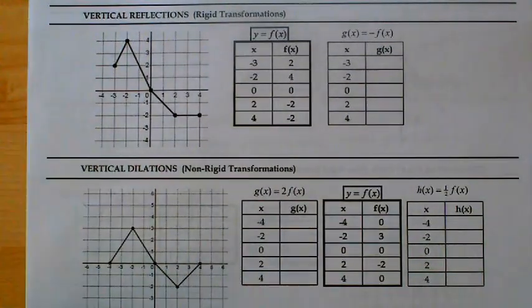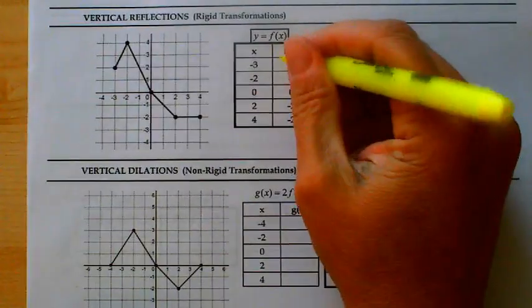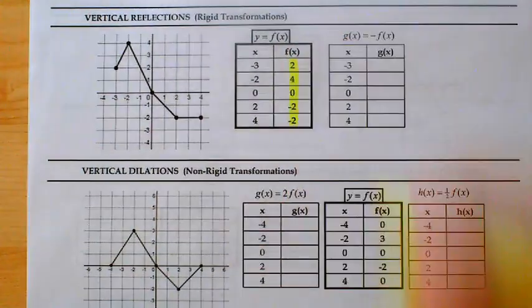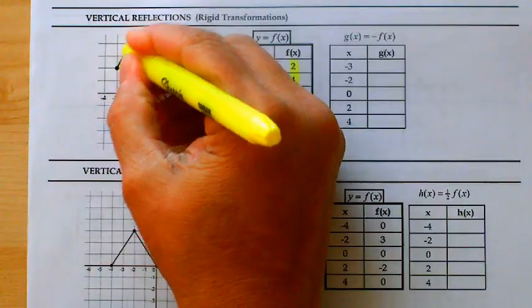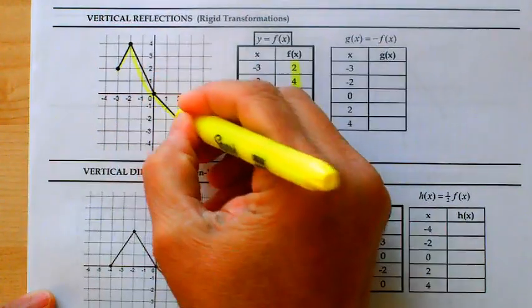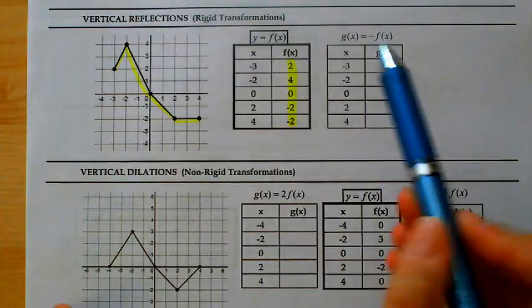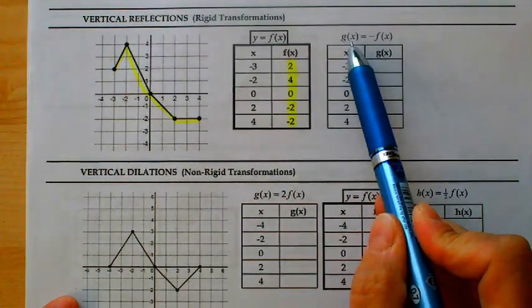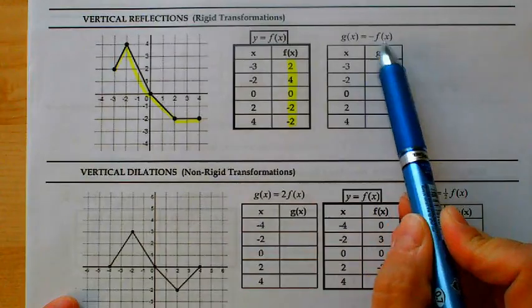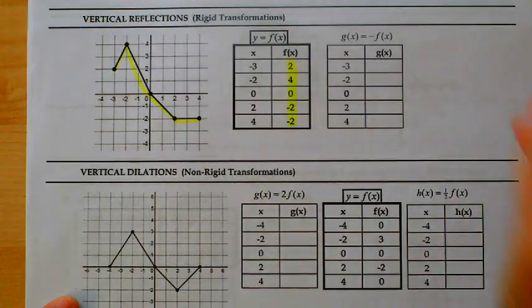Okay, so just like in the first example here, we've got a couple sample y values that are placed here on the graph. I'm just going to highlight them. And I'd like us to examine what happens when we make a new function g of x, which is the opposite of the function f of x.